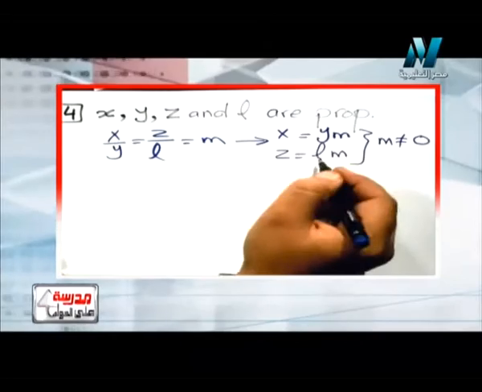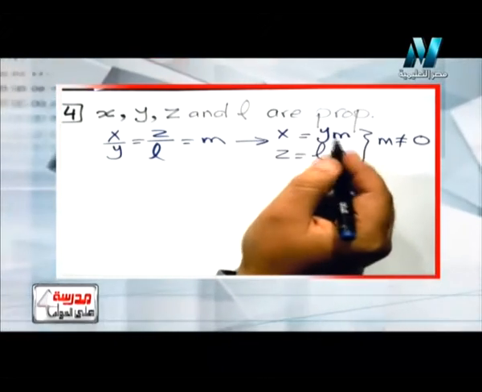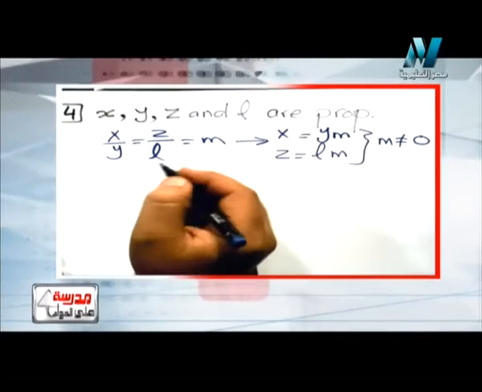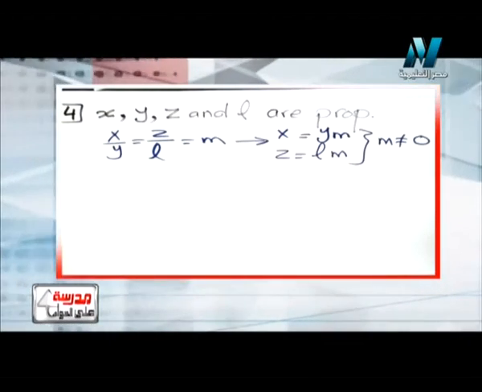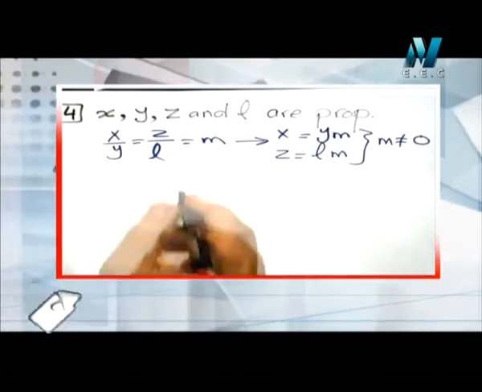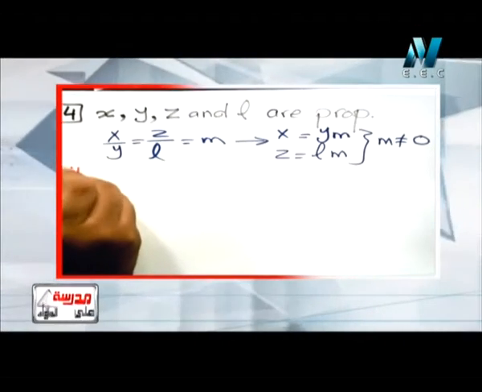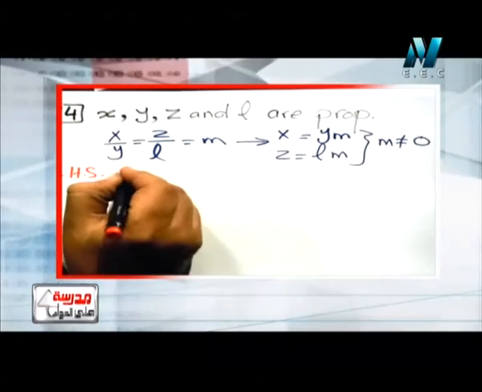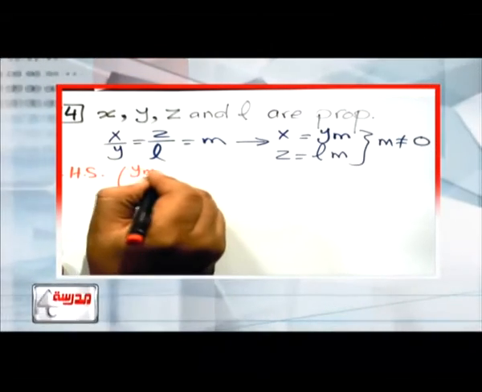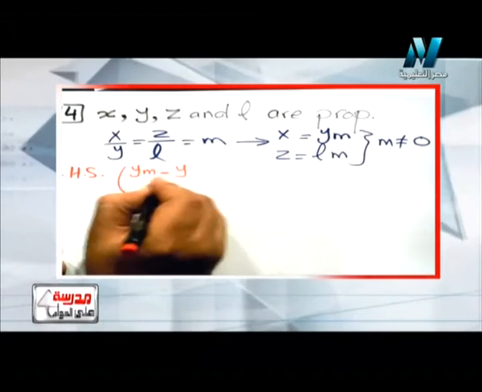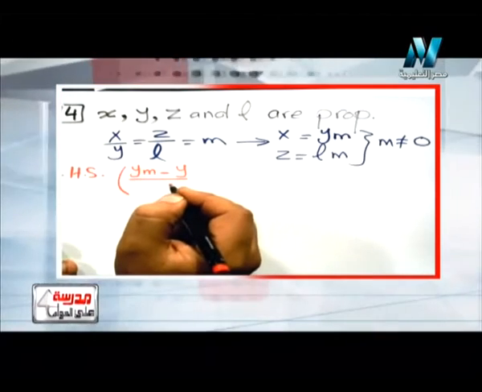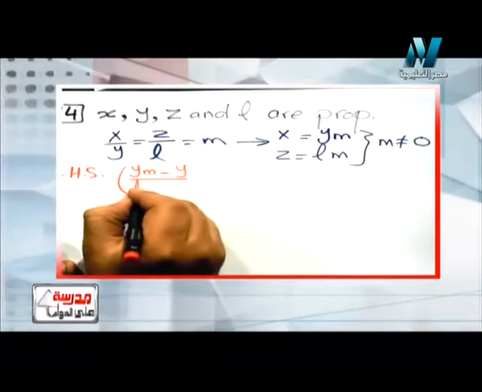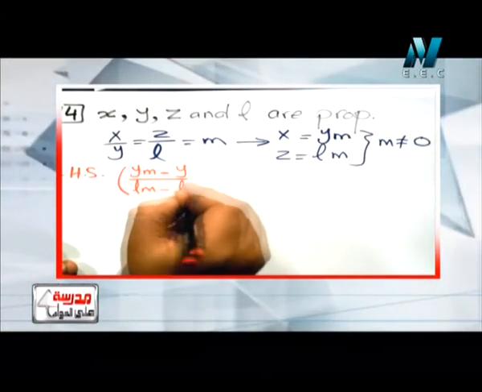So I'm going to use these values for x and z, and replace them in the left-hand side and the right-hand side in part A. I'm going to work on the left-hand side: x minus y, so ym minus y, over z minus L, so Lm minus L, all to the power 2.